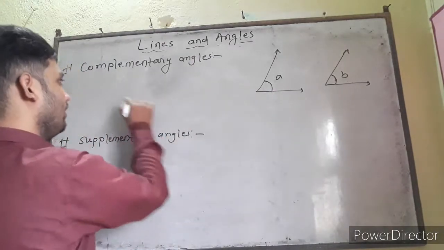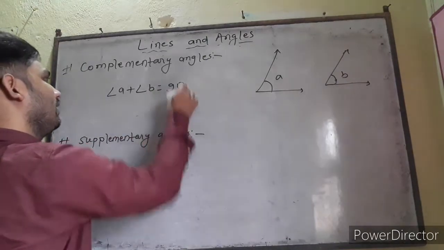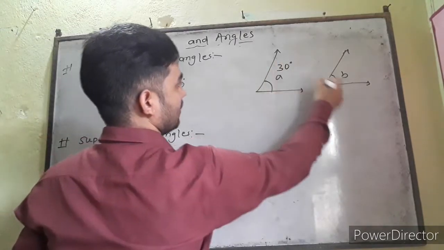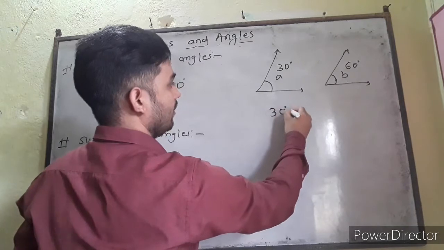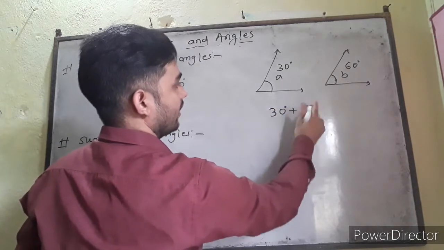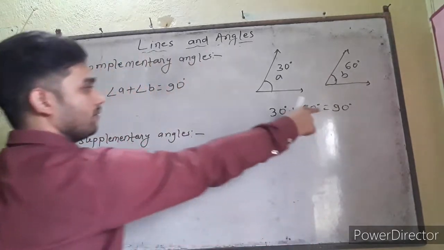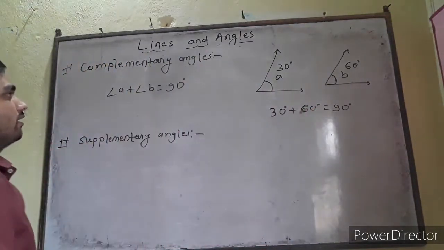So we can say angle A plus angle B is equal to 90 degrees. If this angle is 30 degrees, this should be 60 degrees. So we can say 30 degrees plus 60 degrees is equal to 90 degrees. And when the sum of two angles is 90 degrees, it will be called complementary angles.